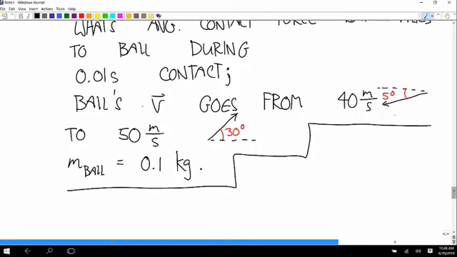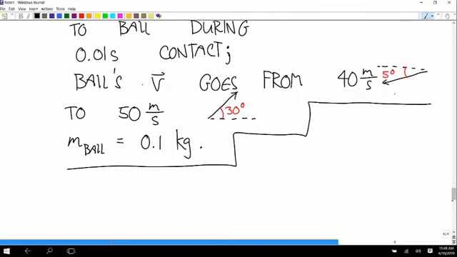Okay, well, notice that over these short duration impacts, you can imagine this average force is going to be pretty big. And in cases like this, a lot of times we'll just leave the weight out of the problem. So the net force is the contact force applied to the ball plus the weight of the ball.